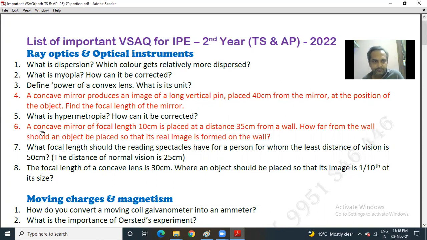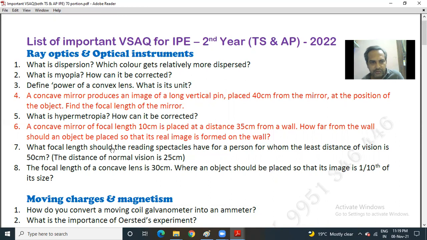Sixth question. A concave mirror of focal length 10 centimeters is placed at a distance of 35 centimeters from a wall. How far from the wall should an object be placed so that its real image is formed on the wall? Question number 7.